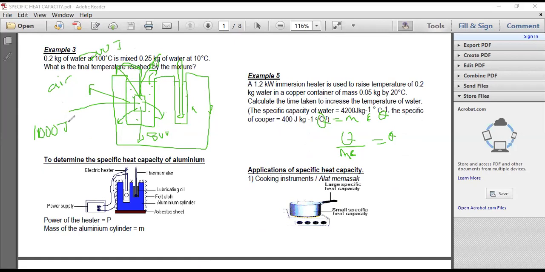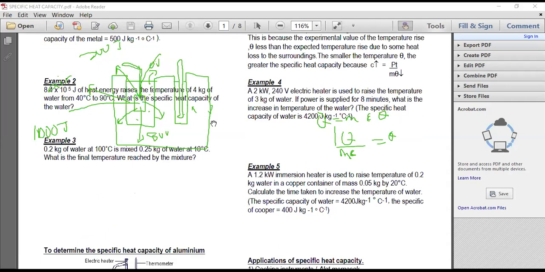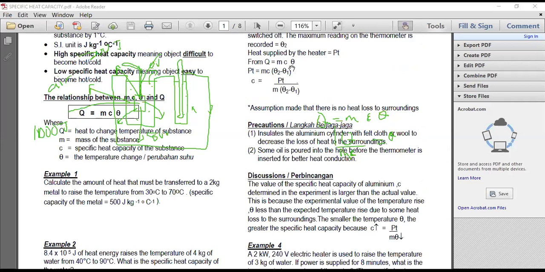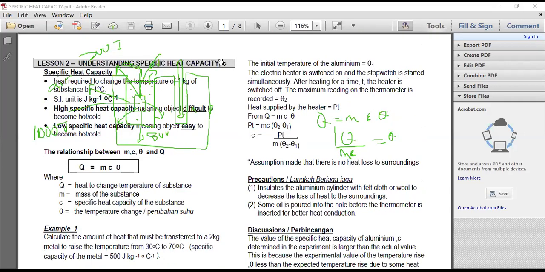So the aluminum is getting a lesser amount of heat, not the actual amount. So the change in temperature will be lesser, because if you give 800 joule, the temperature increment is not going to be greater.